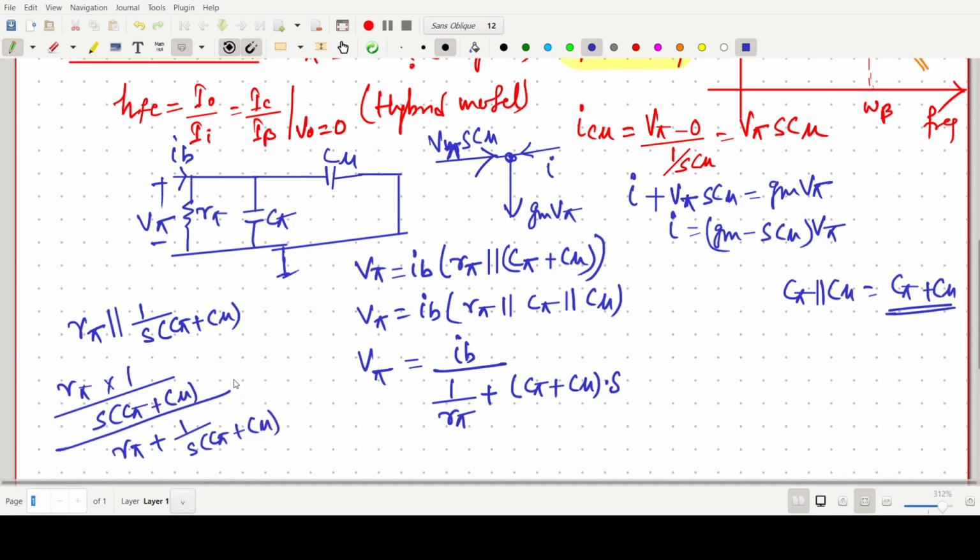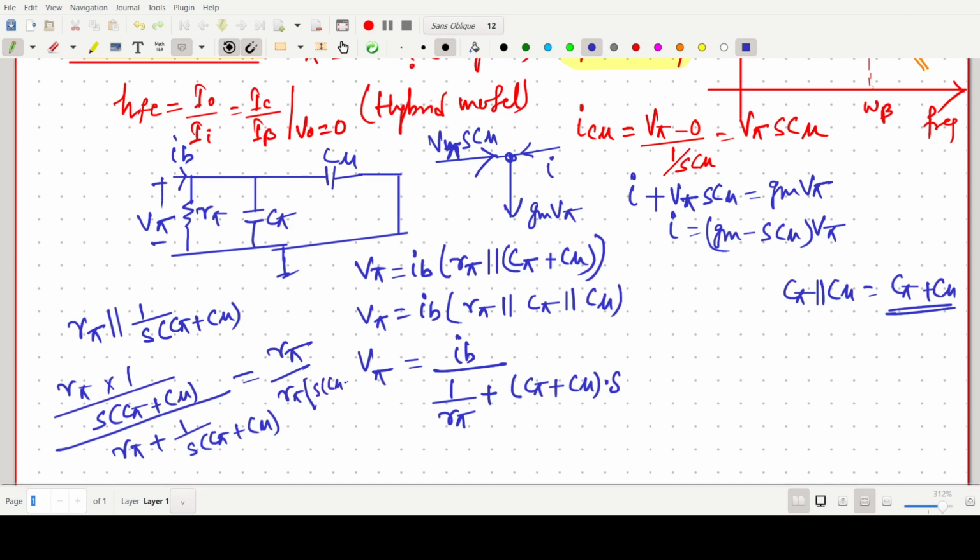Okay, so after that we can write R pi into 1 by S C pi plus C mu, divided by R pi plus 1 by S C pi plus C mu. I'm taking some more space.